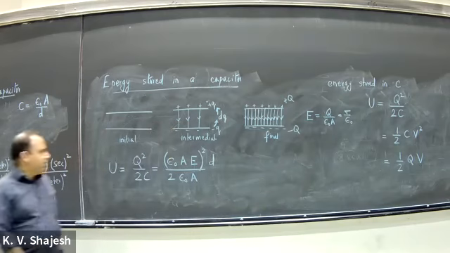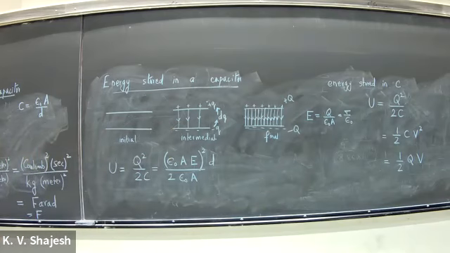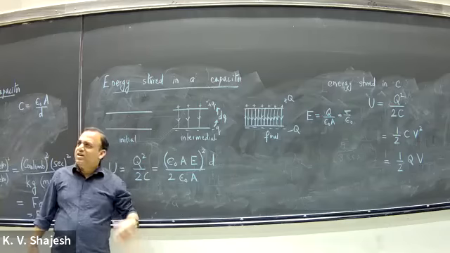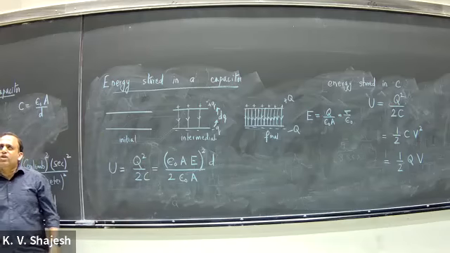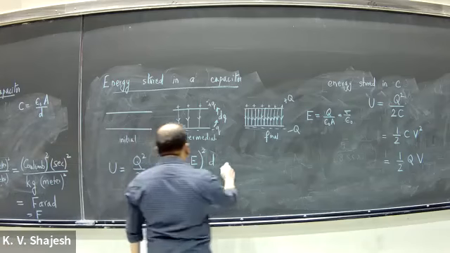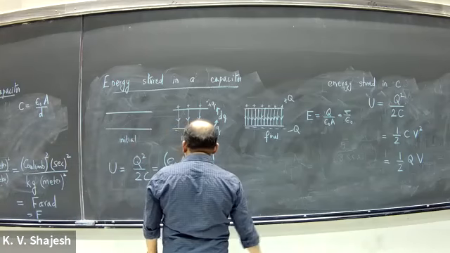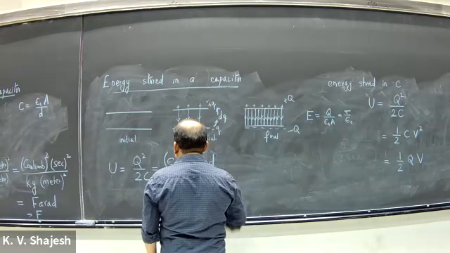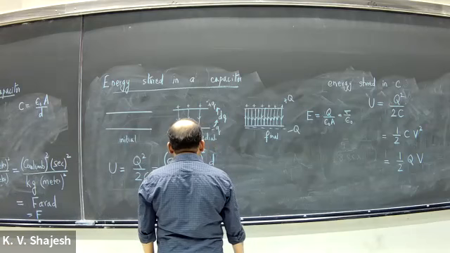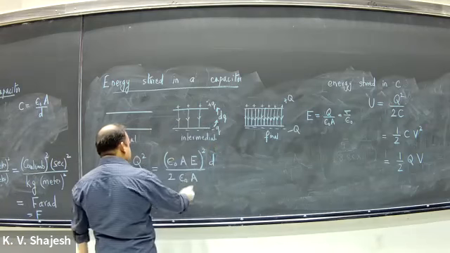So everything is either electric fields or geometry. I have converted the energy stored in a capacitor in terms of geometry and electric field alone. And this is equal to, one of the areas cancels out.